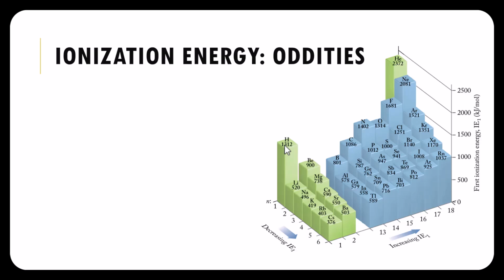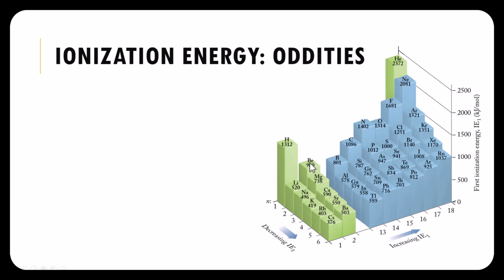So if he loses that electron, what's left? Nothing. So it turns out that hydrogen actually does hold on to his 1 single electron pretty hard. He doesn't want to be left with absolutely no electrons. So that's why hydrogen's electronegativity is a little bit higher than would be expected for this group.